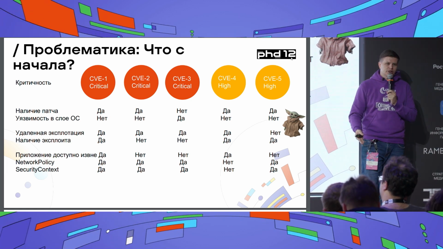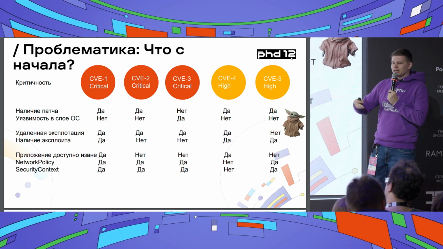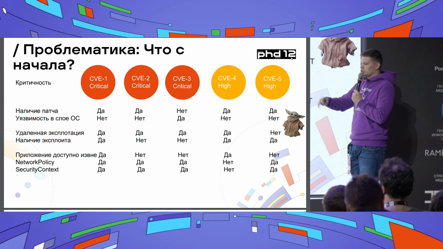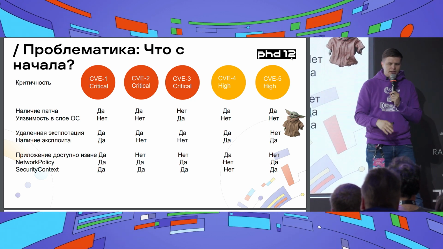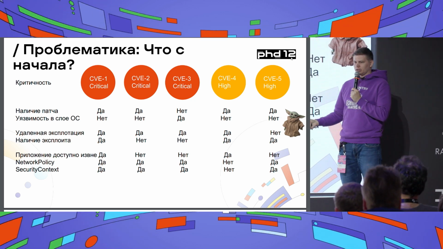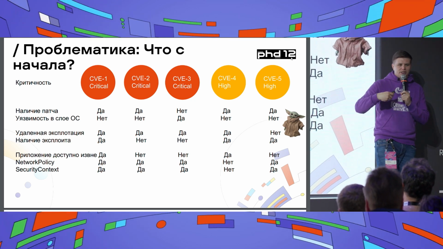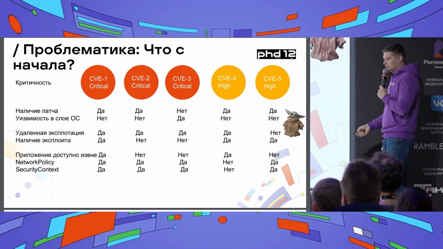Then what is the environment? Is it in the internet or not? Is the container rooted or not? Is the system behind security contexts and security policies, or is it just in the externally faced system? Then you have to evaluate and prioritize it.